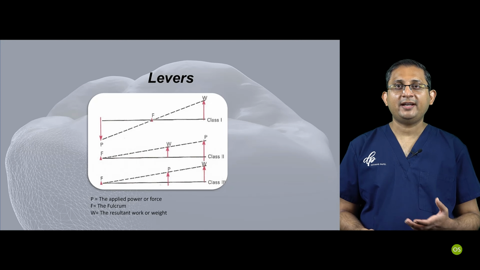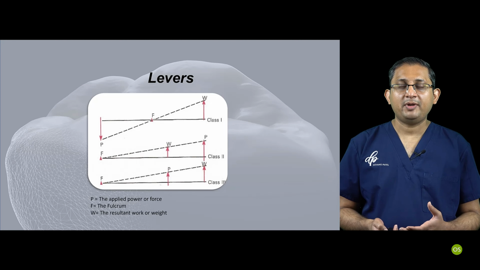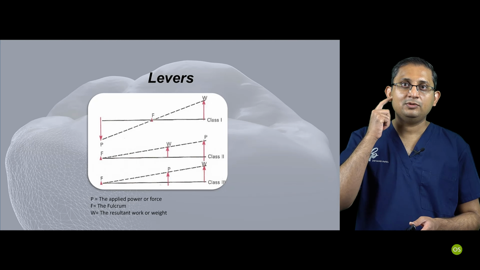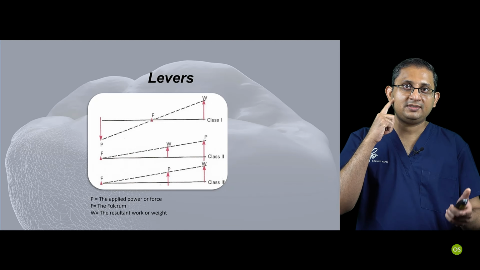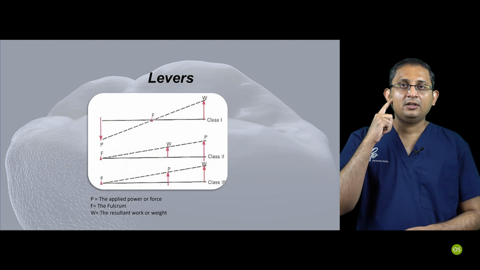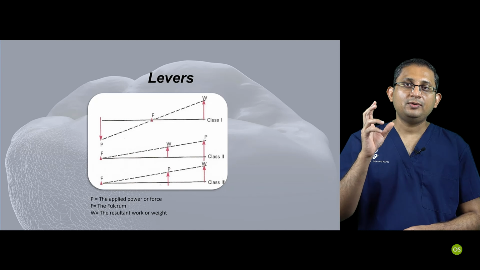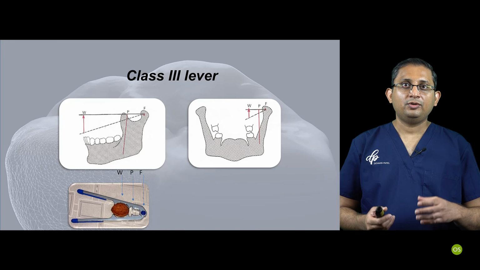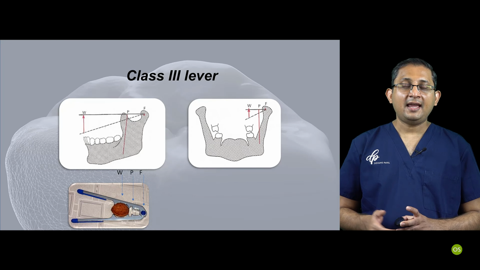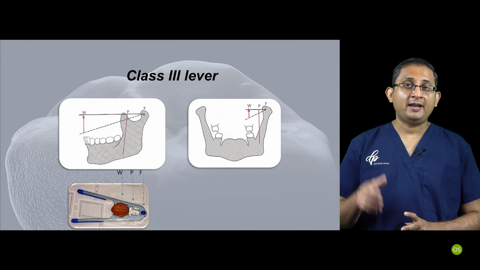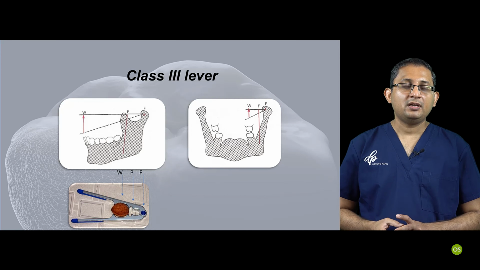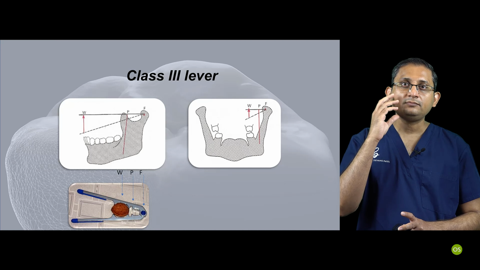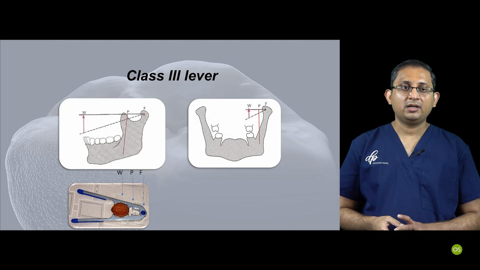Now, class 1 lever, as you can see, cannot happen in your jaw because you cannot have work happening behind your mandible, behind your condyle, because F stands for condyles. So now we're looking at class 2 and class 3. So let's look at the class 3 lever. So if you look at the jaw, F, as I said, is fulcrum, where it happens in your condyle area. P is power, which is masseter muscles, and W is work.